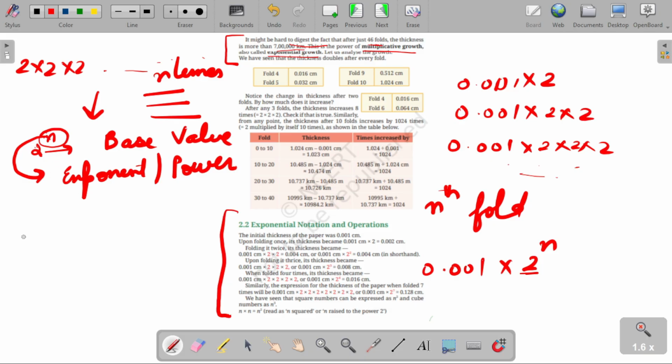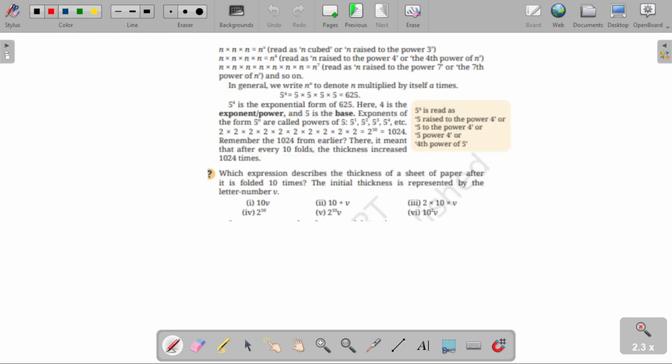Okay, in general, if we write n square, we say it like n raised to the power 2. And here again, they have given another example, 5 raised to 4, the exponential form of 625.